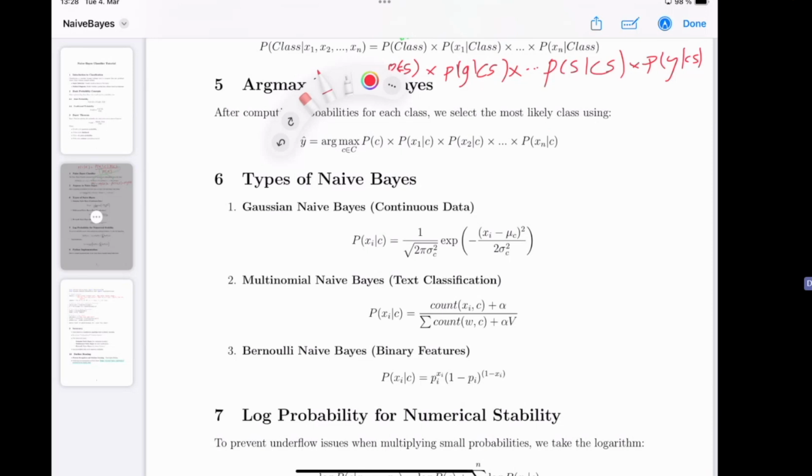We say, if you see a person coming out of this class and the person is a girl, with the probability of 80% she is a computer science student, with the probability of 20% she is, I don't know, a mechanical engineering student. So then you announce the highest probability as the class.